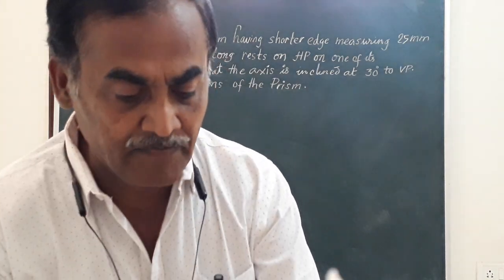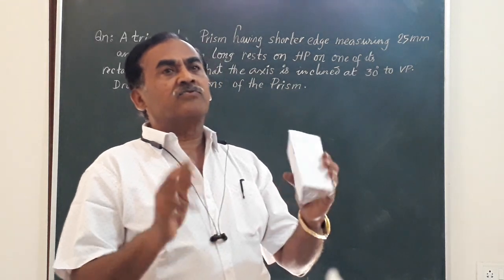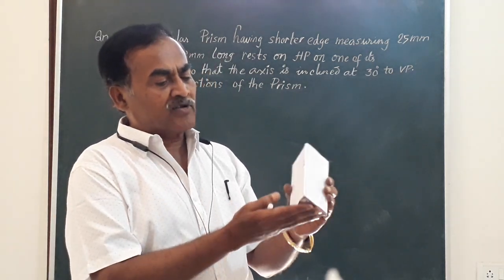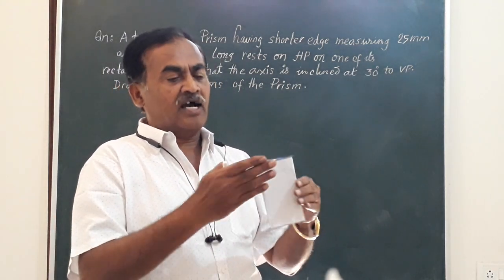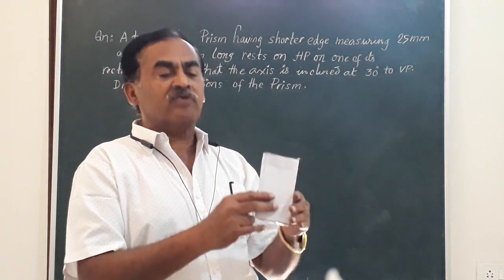So a prism by definition is a solid which has got a bottom face and a top face, and on the lateral surfaces you can see a number of rectangular faces.